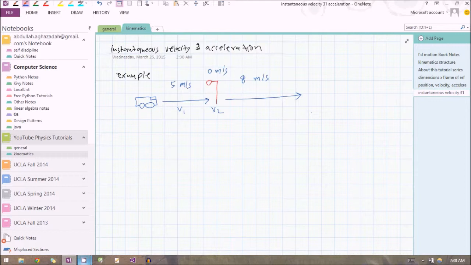Now this concept transfers really similarly to instantaneous acceleration. Acceleration, as we noted in the previous tutorial, is your change in velocity, so how much your velocity changes over how long it took to change that velocity. Let's extend this example.